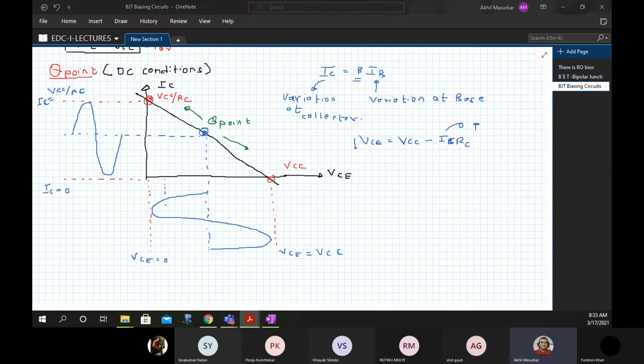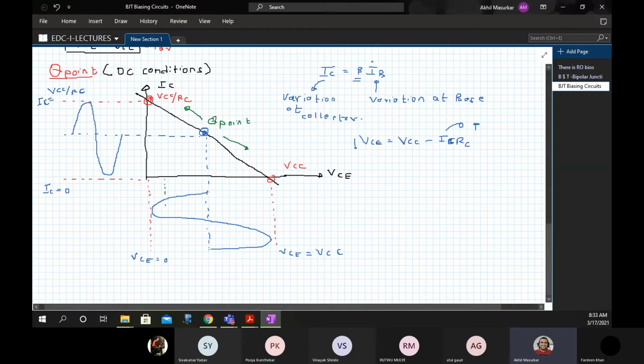So here we talk about something called selection of Q point. We saw that the Q point defines the DC condition in the circuit. When a signal is applied at the transistor's base, IB varies according to the instantaneous amplitude of the signal. This causes a corresponding change in IC to produce a variation in VCE.